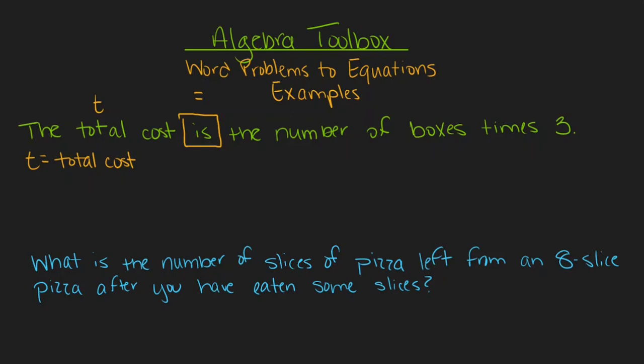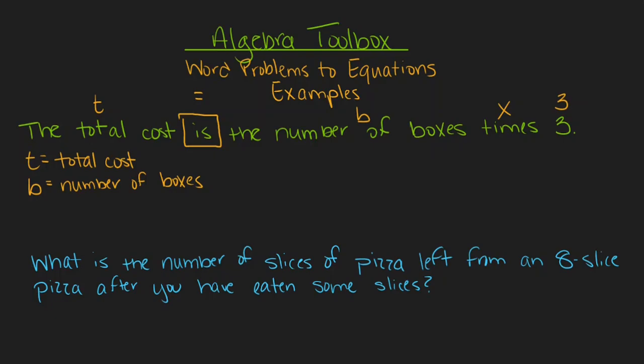I'm going to use the variable B for boxes, but B represents the number of boxes. Times 3. Times tells me to use multiplication, and 3 just stays the number 3.